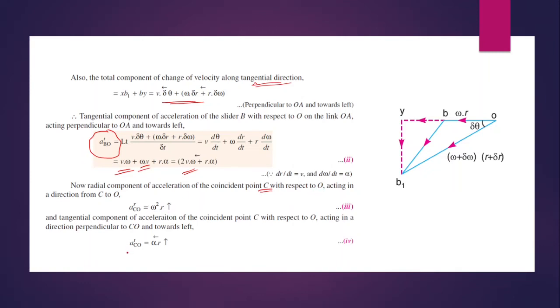Then the tangential component is alpha into r, because the coincident point is on the link OA. We have already discussed that one.